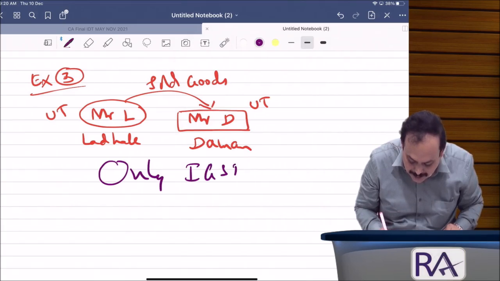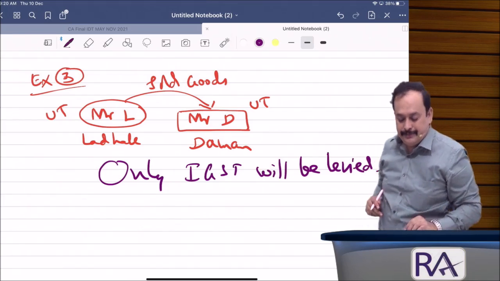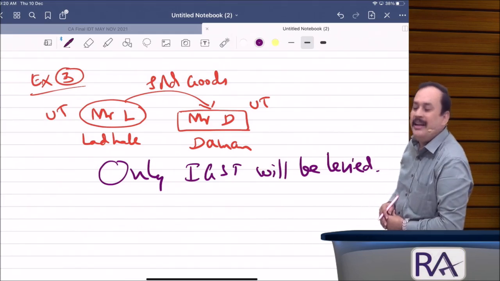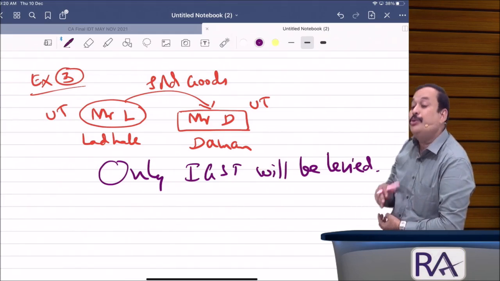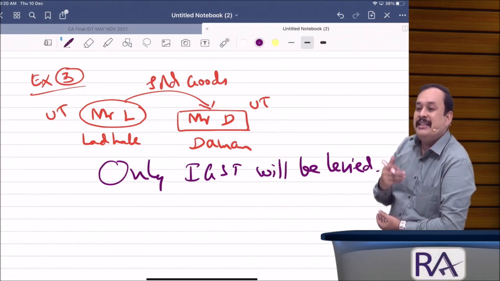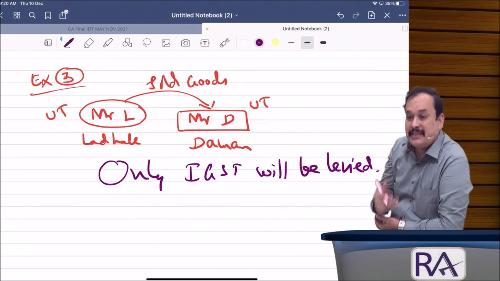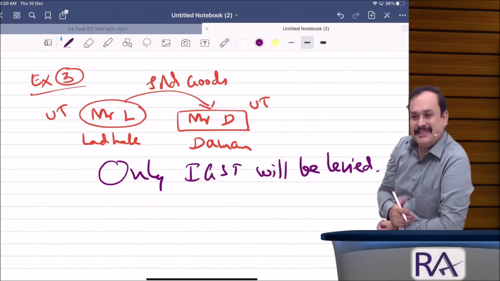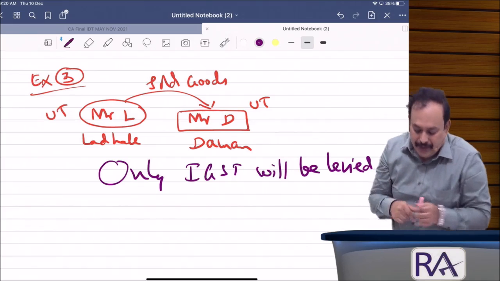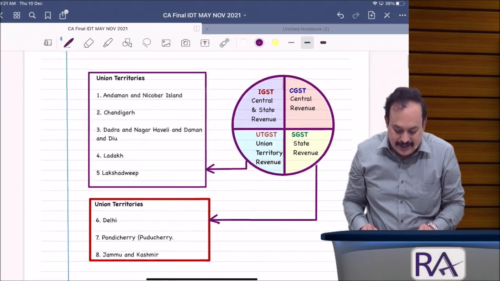Only IGST will be levied. Got the clarity? It is a transaction between two different territories, an interstate, cross-border transaction. Is it clear, my dear sir? So, with this, we got clarity on this issue.